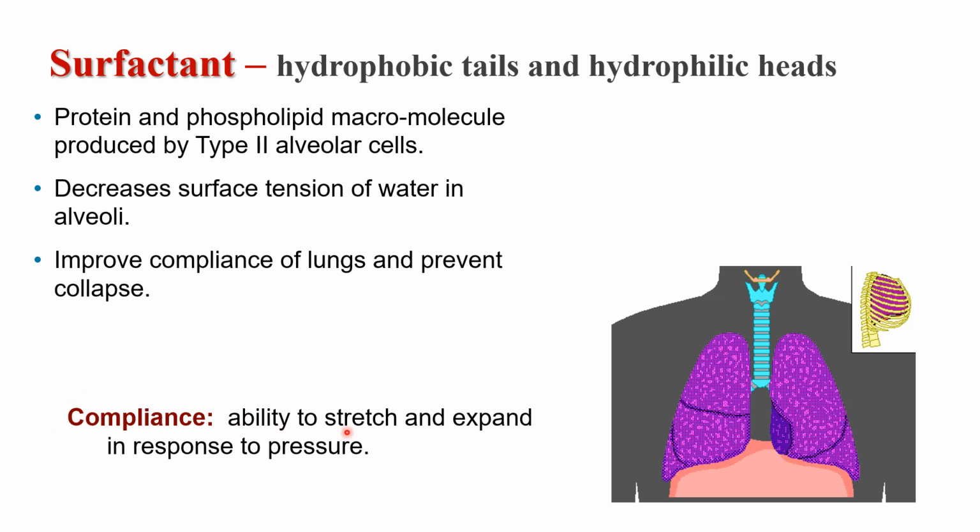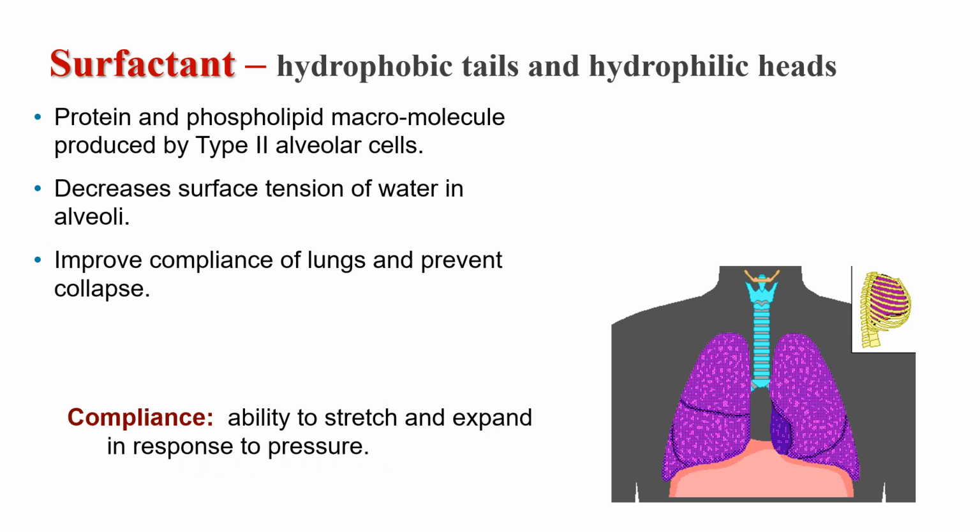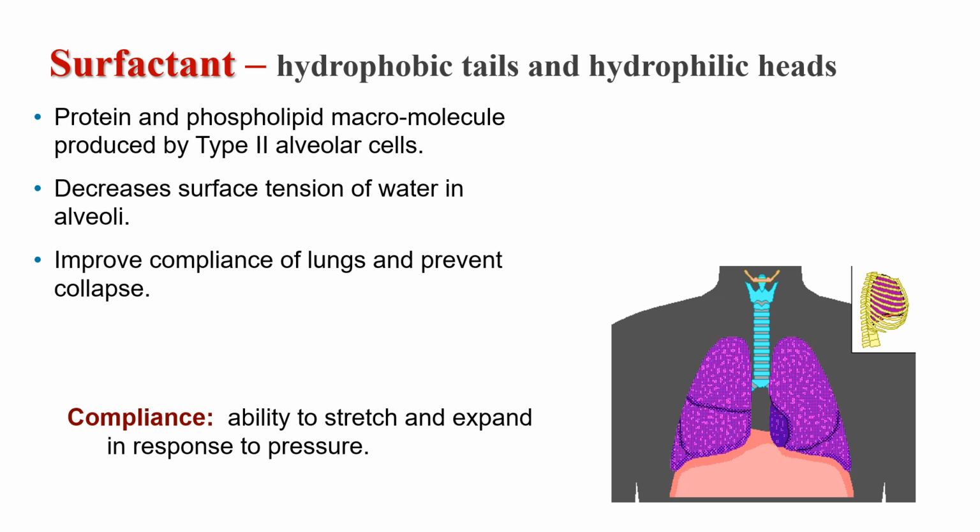It's the ability to stretch and expand above and beyond the basal state in order to, in this case with lungs, increase volume. The opposite of compliance, the ability to return to an original state, is called elastance. So compliance is the ability to bend and stretch. In this case, the lungs, that would mean expansion, and the return would be elastance.